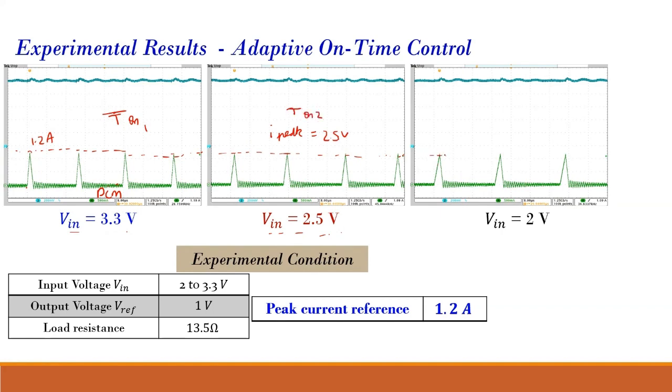So based on my input voltage, the on time gets automatically adapted such that my output voltage ripple, delta V output, remains within limits.